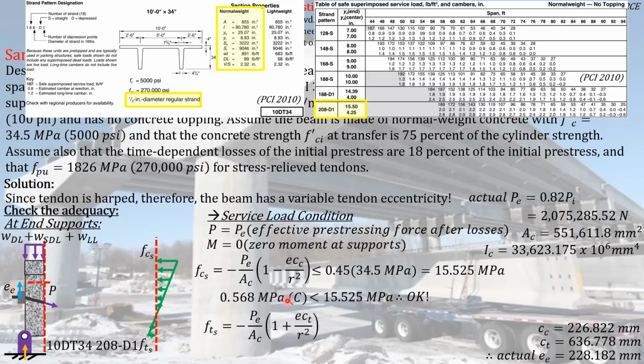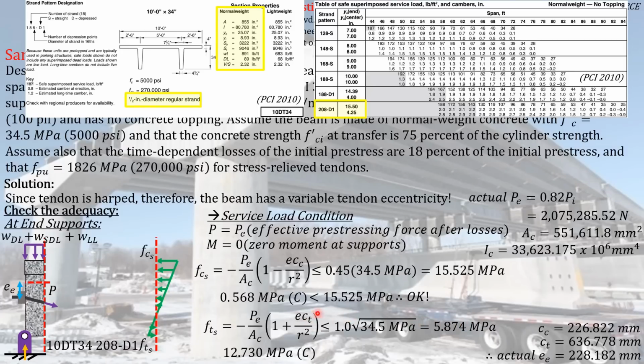So the formula for finding the actual stress at the extreme pretension fiber is similar to this formula, we just have to change this to positive. And again, according to the code, that actual stress acting here, which is a tensile stress, must not exceed the maximum tensile stress specified by the code that can be experienced by our concrete element at service load condition. So that actual stress must be less than this allowable stress here.